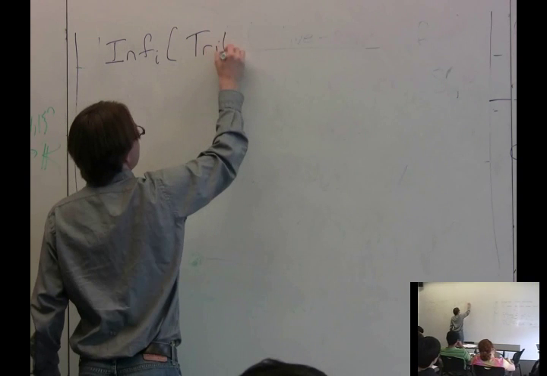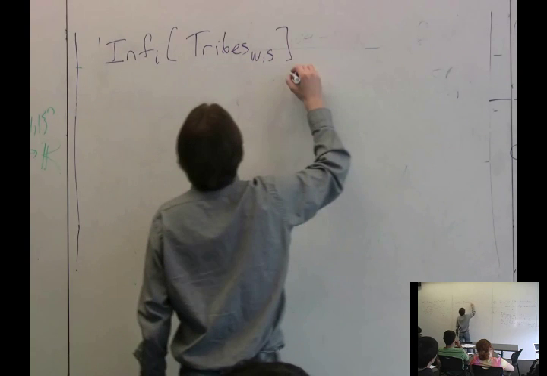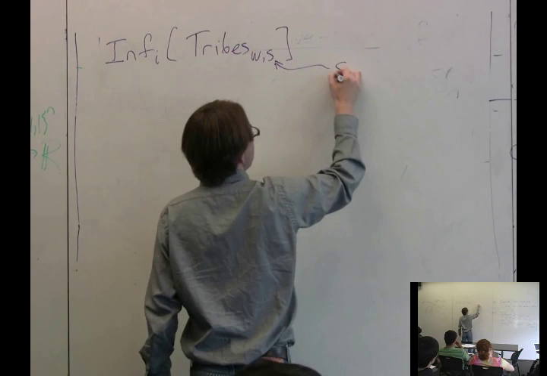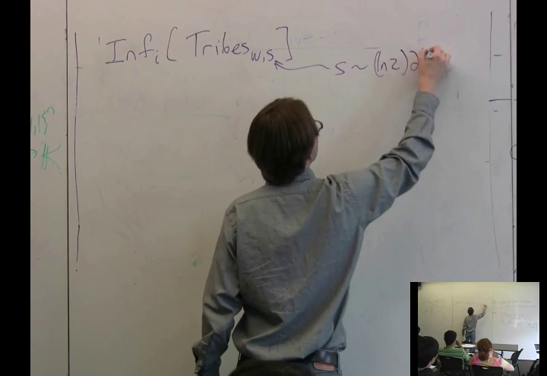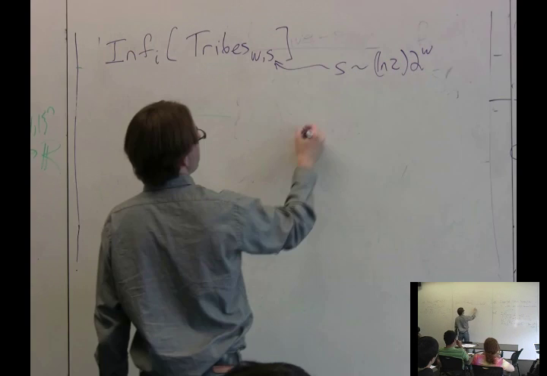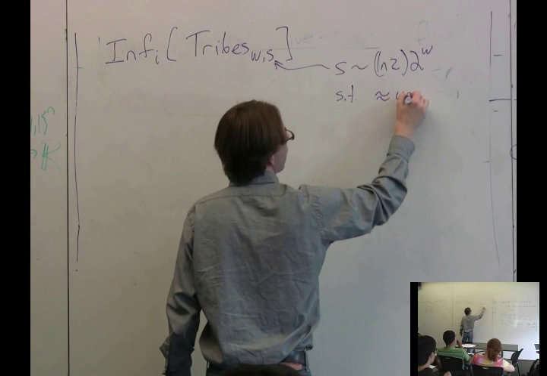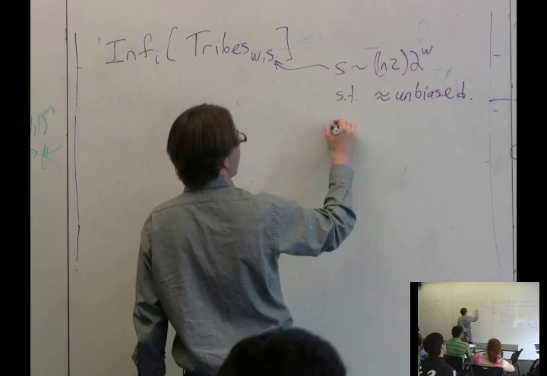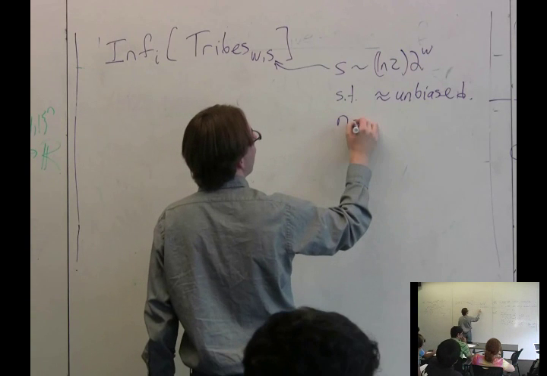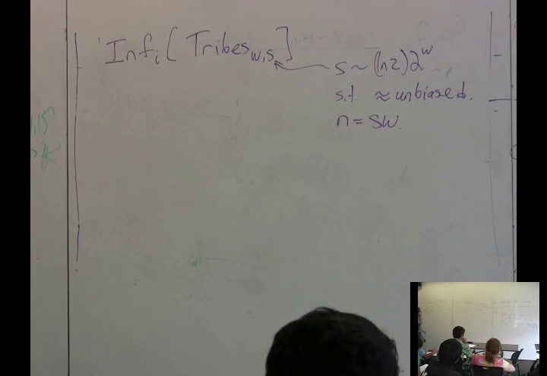And if you pick these parameters s and w exactly as I said before, where s is roughly ln 2 to the w, such that it's roughly unbiased, in this case n is s times w. That's the number of total voters.